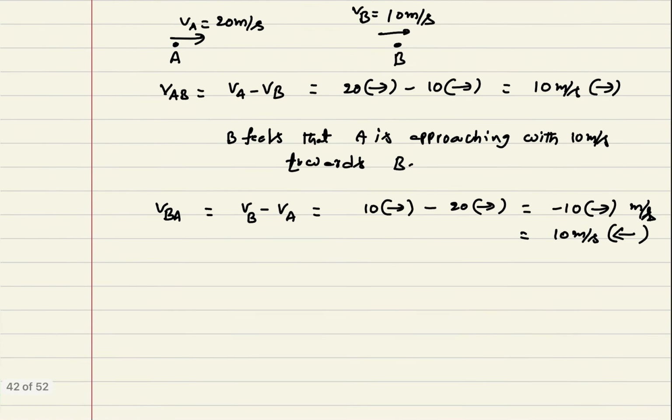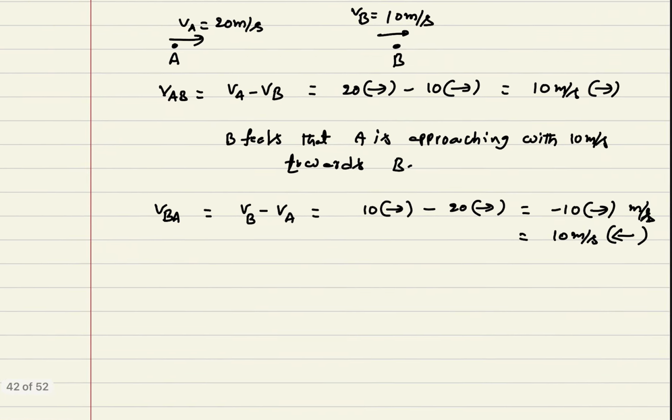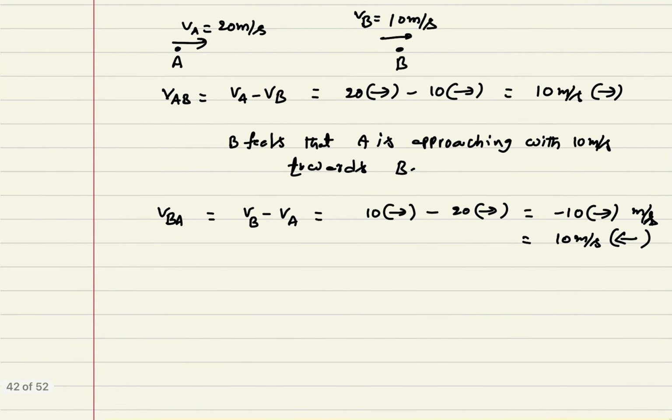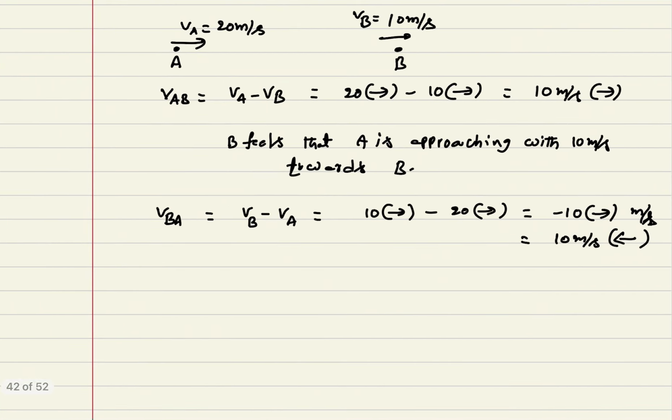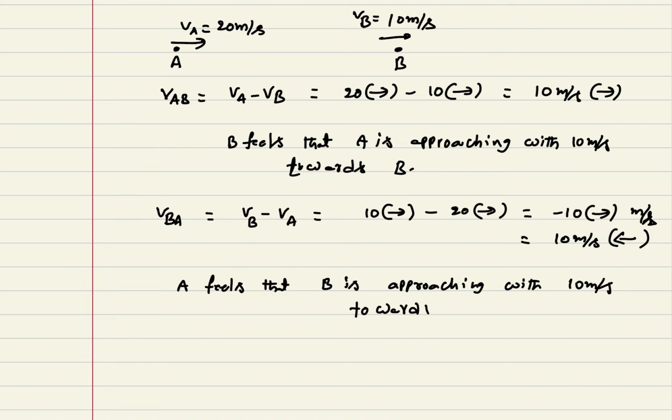The reason is this minus sign indicates that B has less speed than A. So I will write: A feels that B is approaching with 10 meter per second towards A. Nothing but A is on the left side, no?